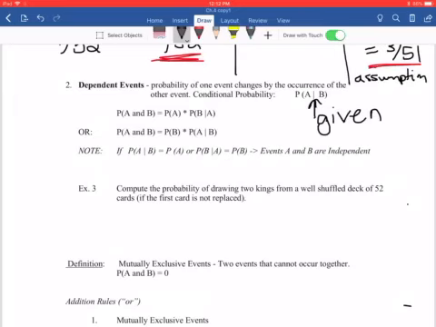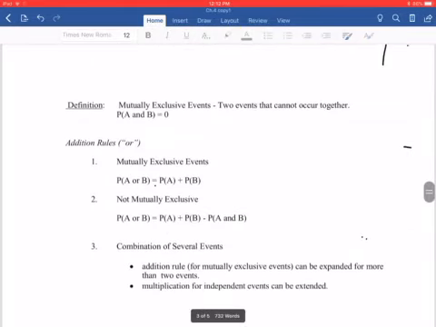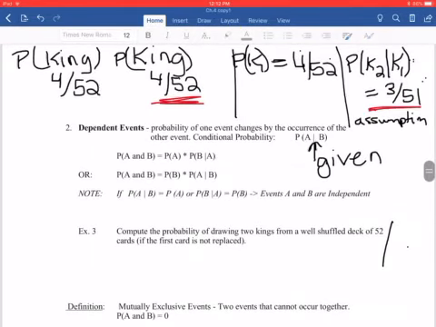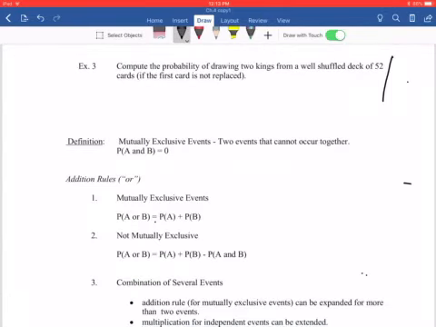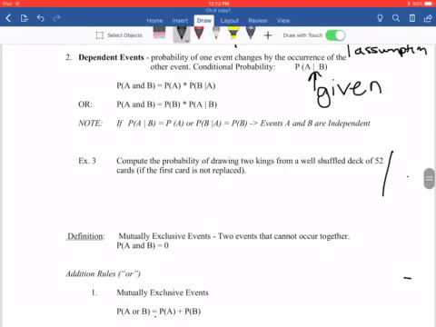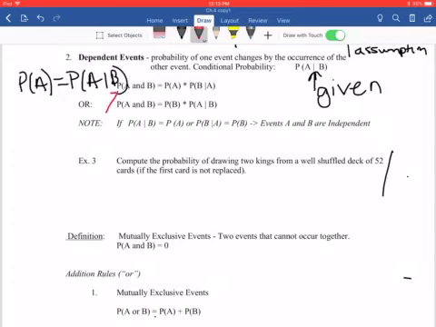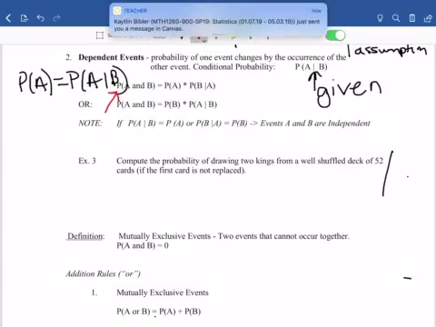In determining if they're independent, you would want to show if the probability of A equals the probability of A given B. That would show you that B occurring does not change the probability of A. I have that written right down here.